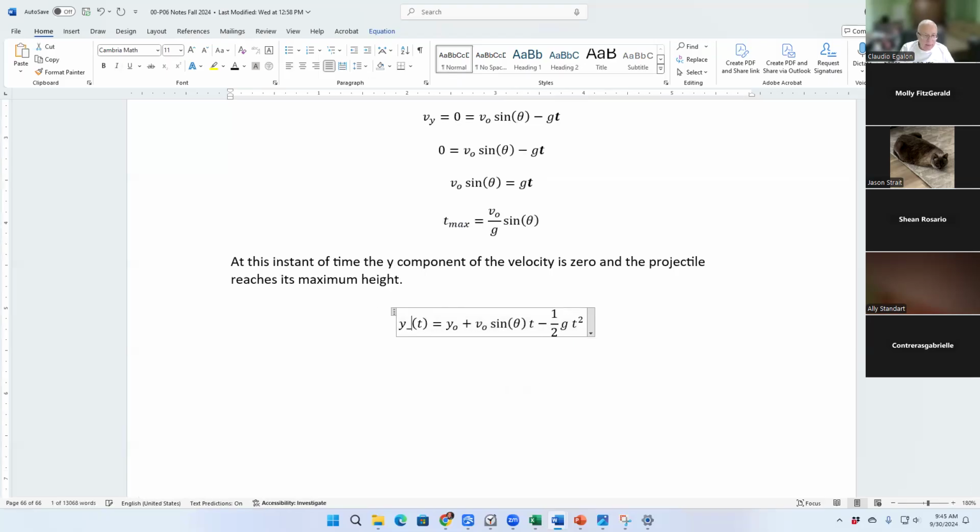Oh, again, made a mistake. Here, maximum height is reached whenever t equals t max, right? We go ahead and replace here t with t max.